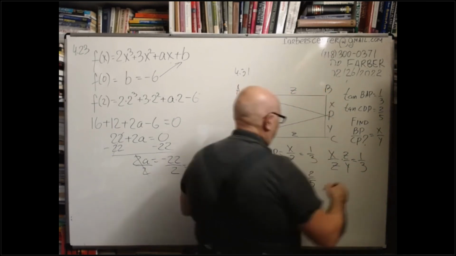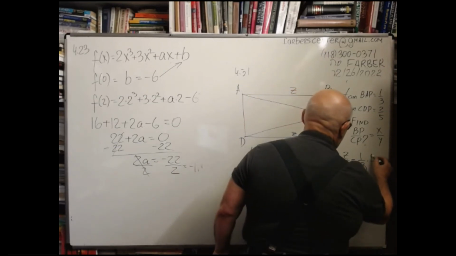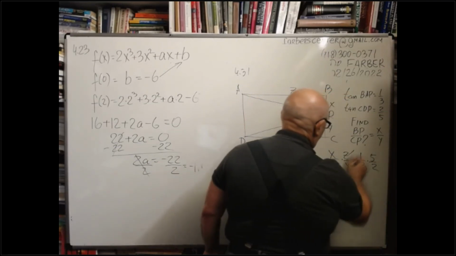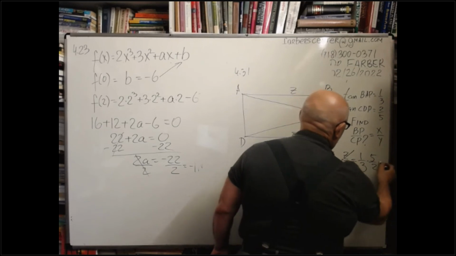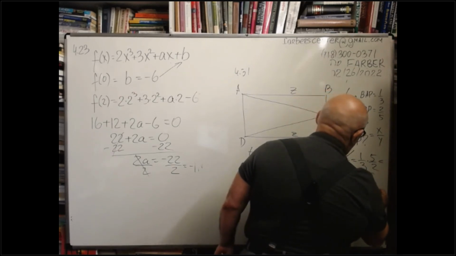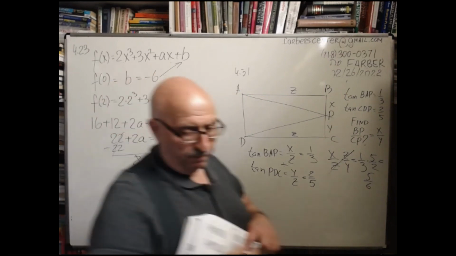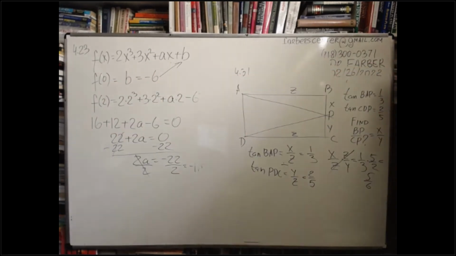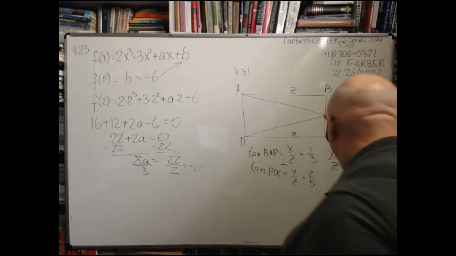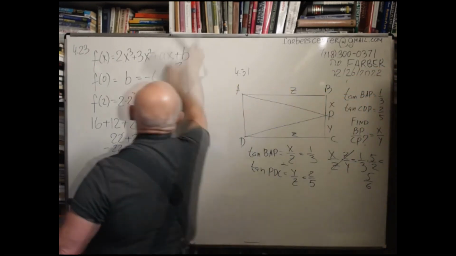Change division to multiplication, times 5 over 2. Cancel out, and you get 5 over 6. Simple, typical question. Okay, 434. So far, so good.